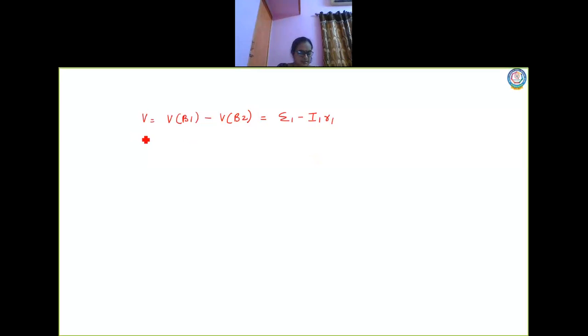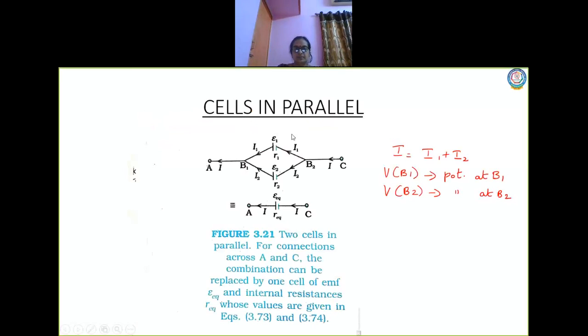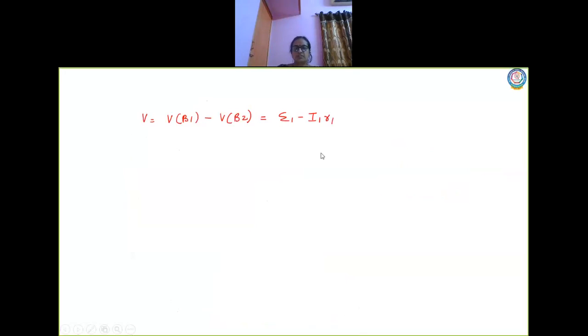So this is with respect to cell 1: VB1 minus VB2, at this point and this point, equals psi1 minus I1 R1.